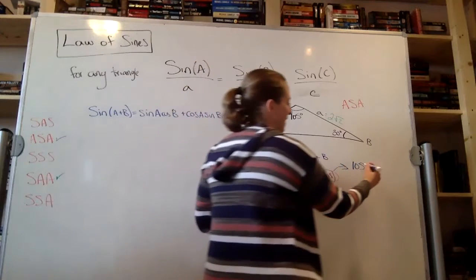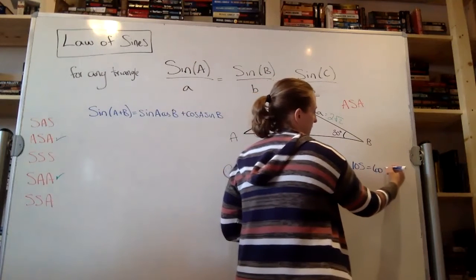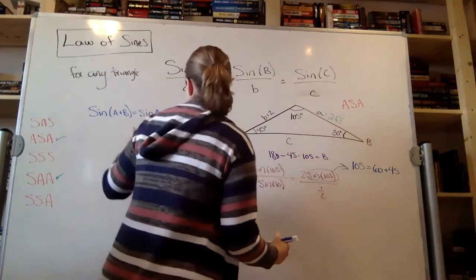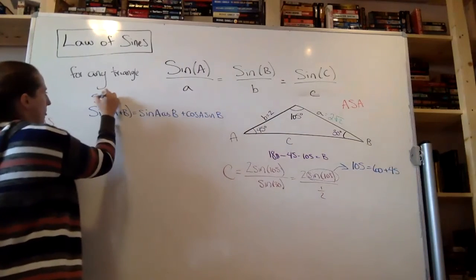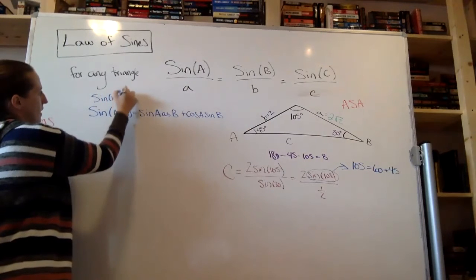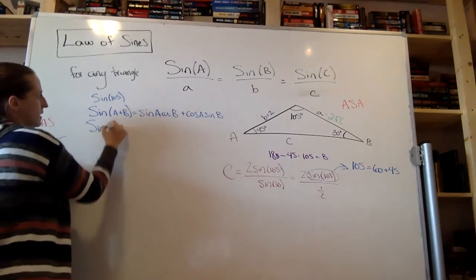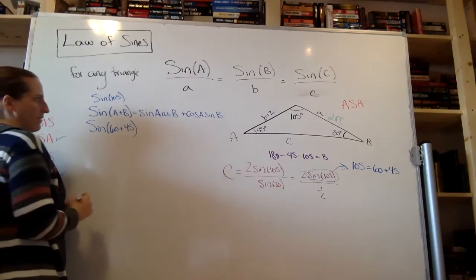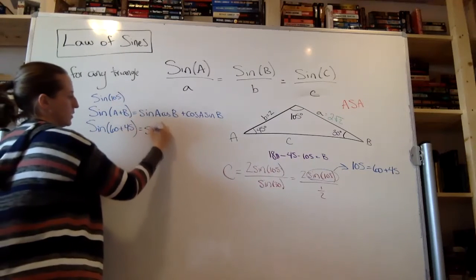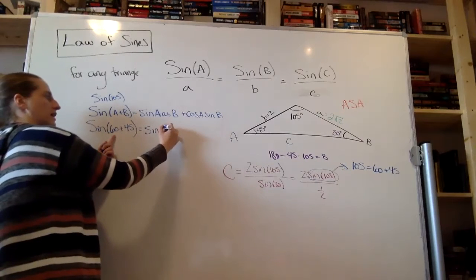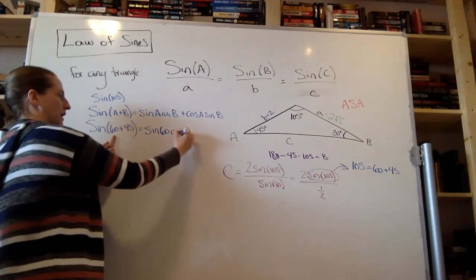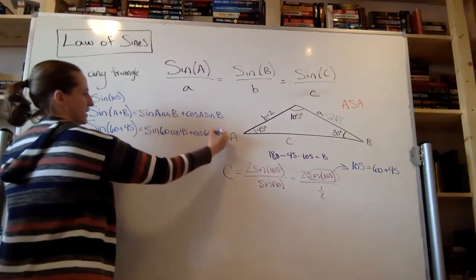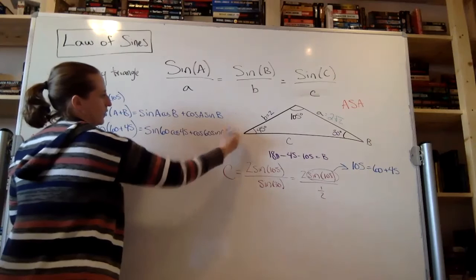Well, 105, I believe, is going to be 60 plus 45, which means that sine of 105, I can think of as sine of 60 plus 45, which means, using my sum formula, I can do sine of 60 cosine of 45 plus cosine of 60 sine of 45.